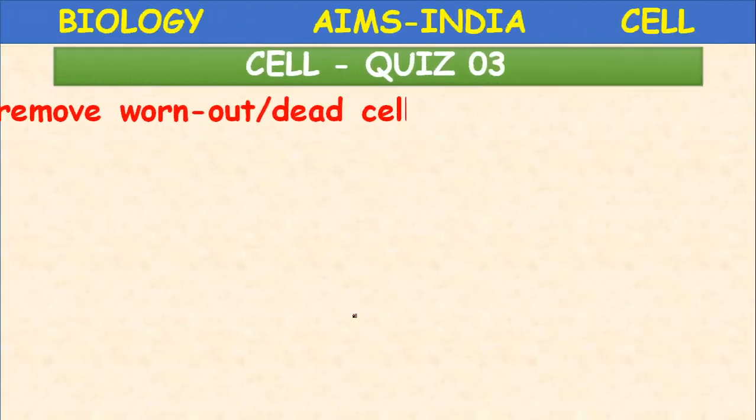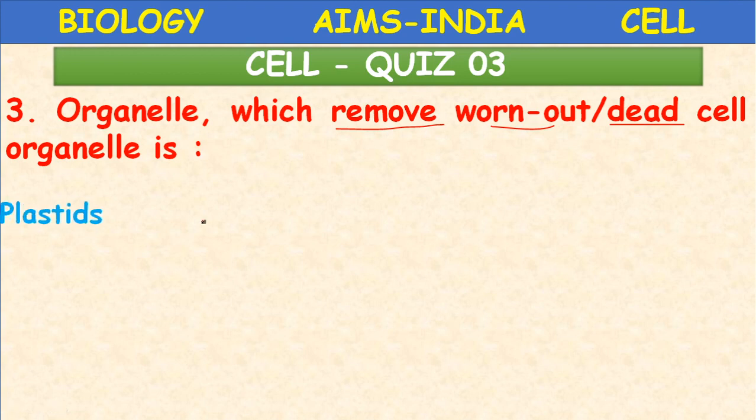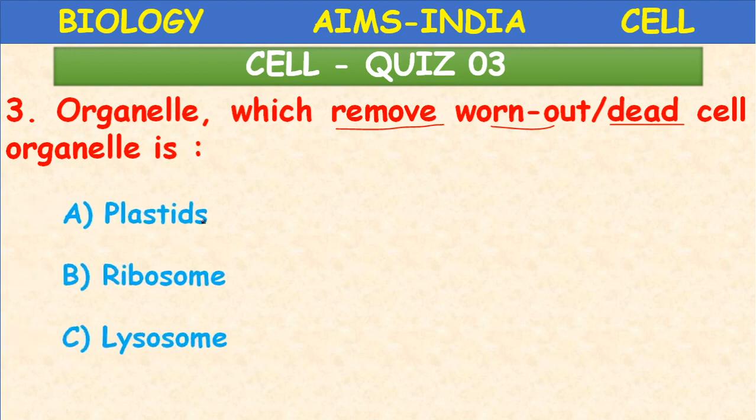So, chloroplasts. Next question. Worn out or dead organelles in the cell are cleaned or removed by which organelle in the cell? Plastids, ribosome, lysosome, Golgi complex.